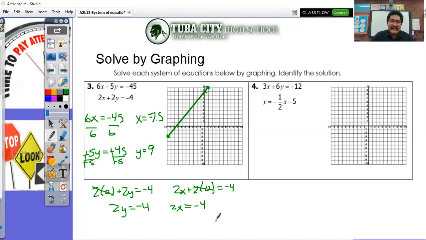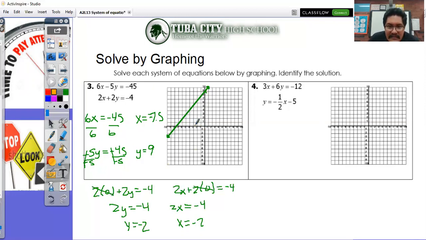Now this makes it a little bit easy because the coefficient on both of them is 2, 2y, 2x. So if I solve one, I basically solve both of them. So in this case, x equals -2 and y equals -2.